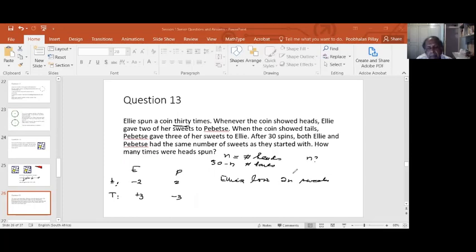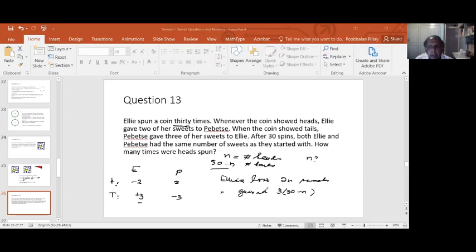Ellie lost 2n sweets, but she gained from the tails. For each tail she gained 3, and there were 30 minus n tails, so she gained 3 times 30 minus n.